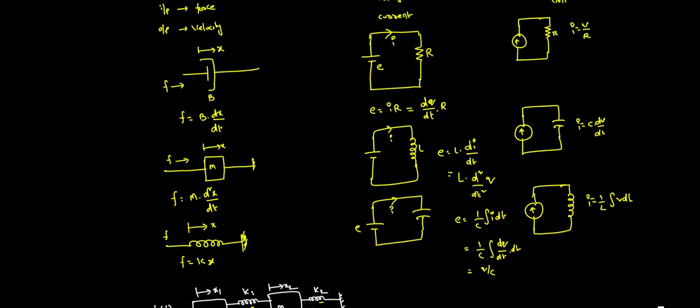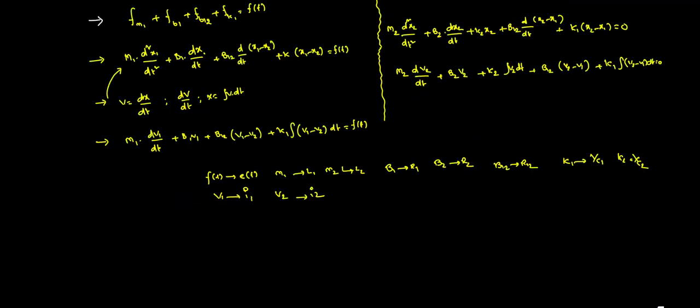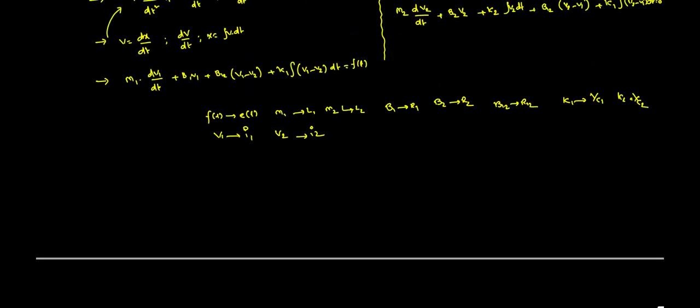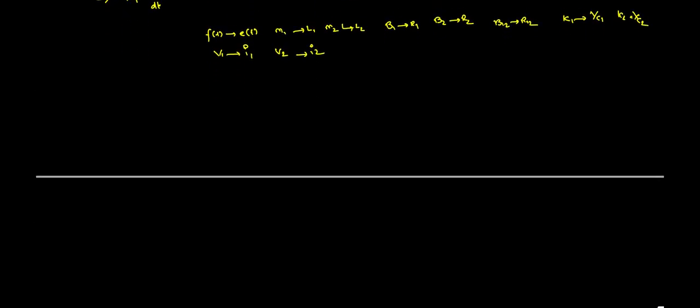That way you can do that analysis. So considering those analyses, I can write this complete system equation as something like this. There is a certain voltage that I am representing as E of t, and the inductor L1, that is M1 means L1, B1 means R1, and there is a resistance that exists between these two.